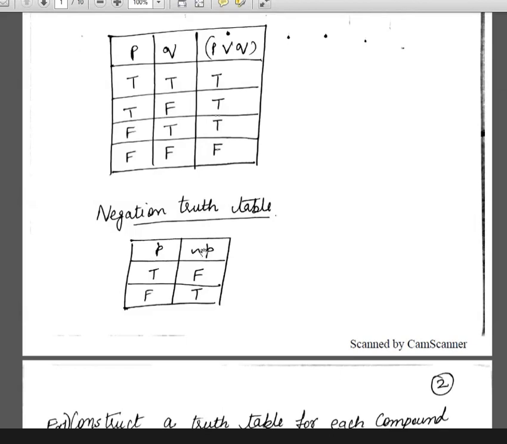In negation, it means not true. So the negation of true is not true, and not true means false. The negation of false is not false, that means true. So this is the negation table for true and false.